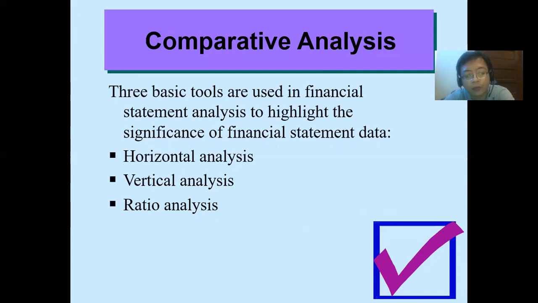For the balance sheet, your denominator is always your net assets, while for the income statement, your denominator is your net sales. Then ratio analysis is basically your liquidity, solvency, and profitability. Don't worry, I will discuss it one by one.